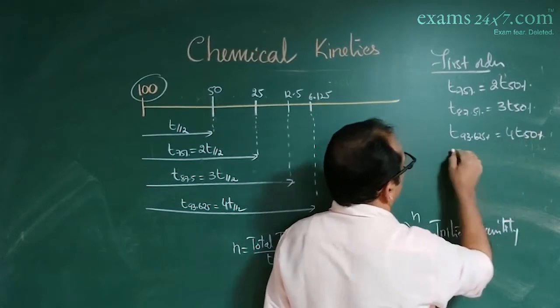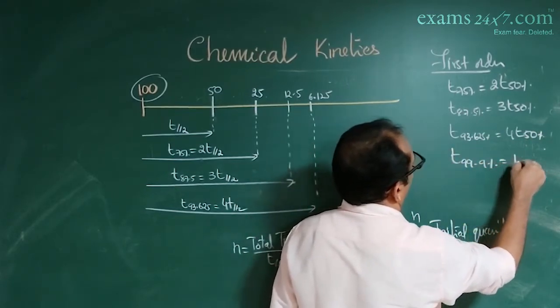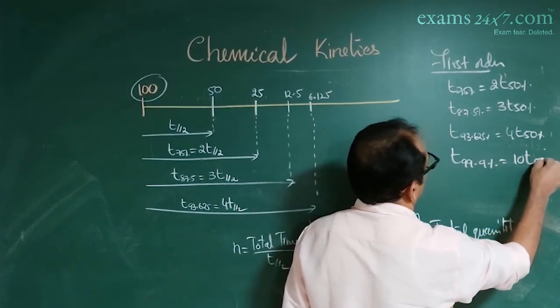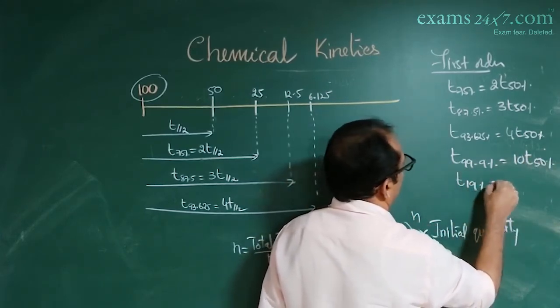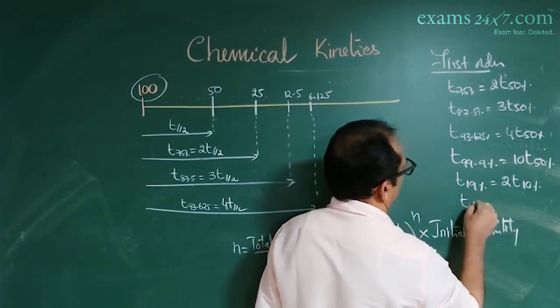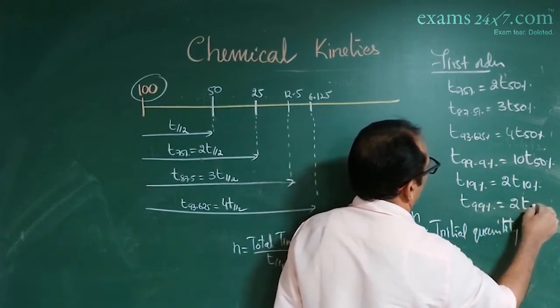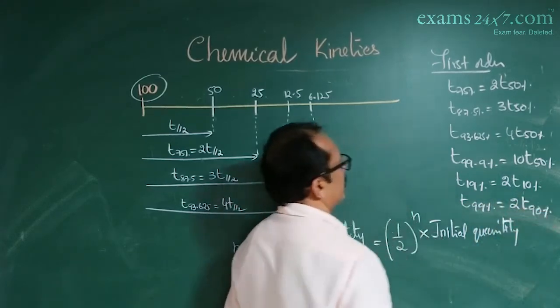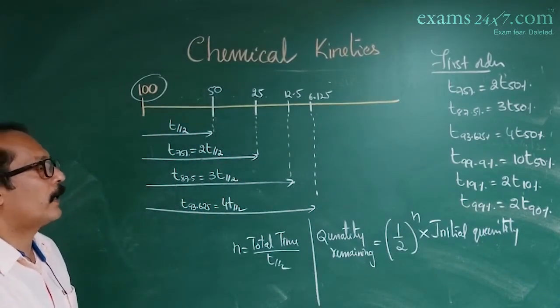Or one more, T 99.9%, 10 half-lives. T 99% is equal to 2 into T 90%. So these are applicable for only first order reactions.